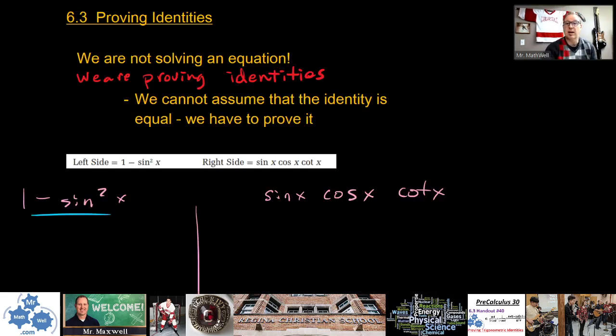It's not about giving enough examples to convince that this is going to be true for everything. It's mathematically stating that this quantity actually does equal this quantity for all possible values of x. And we do that by transforming each side of the statement so that they look the exact same or equal each other at the end.